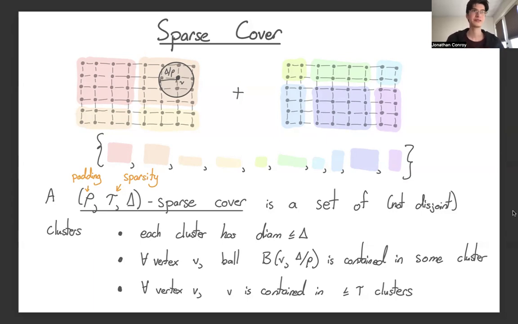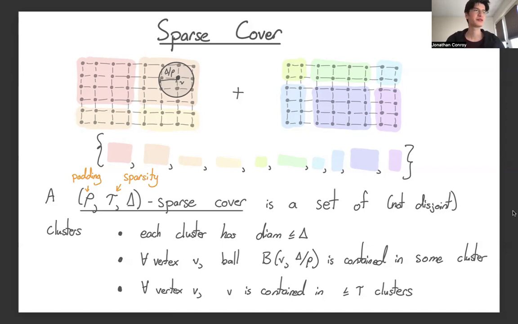Two, every sufficiently small ball in the graph is contained in some cluster. And the specific meaning of sufficiently small is governed by this parameter rho, which is called the padding parameter. And three, every vertex in the graph is contained in at most tau clusters. Tau is called the sparsity parameter of the sparse cover.